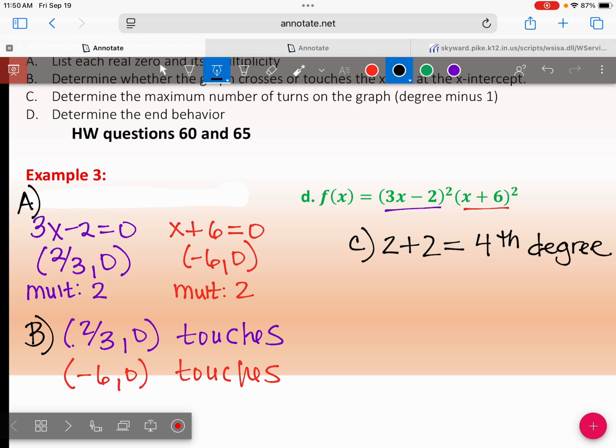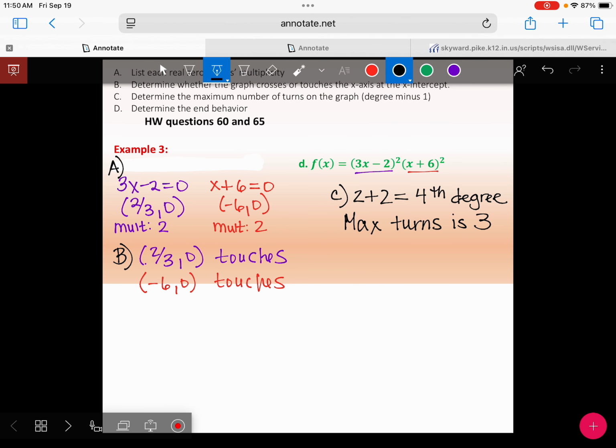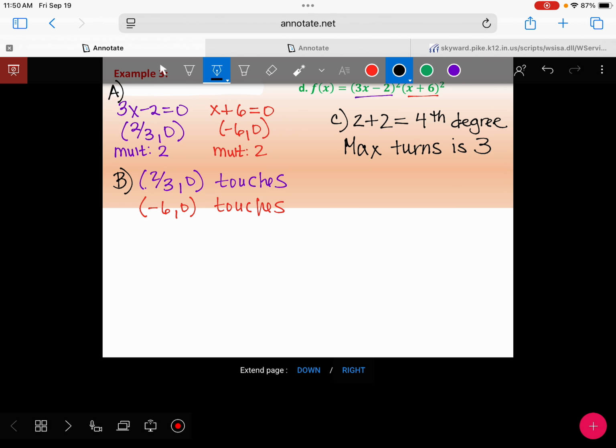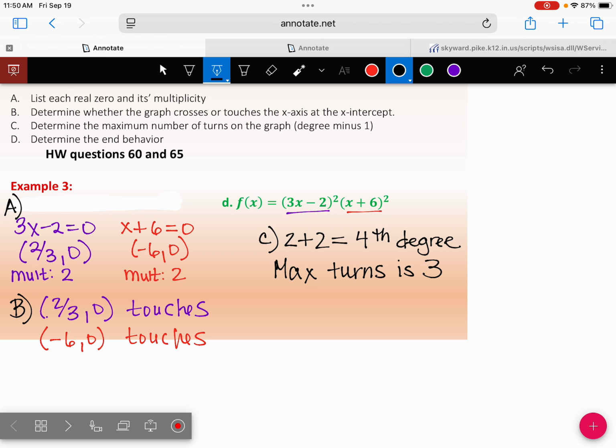So the max turns that this graph can have is 3, because you just go down 1. So I'm going to make a little sketch off to the side to give me some more space, to help us visualize what that means.